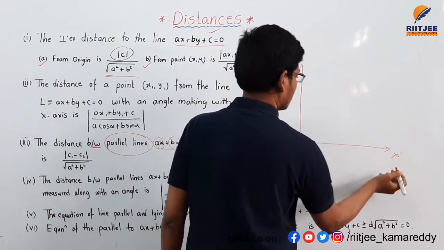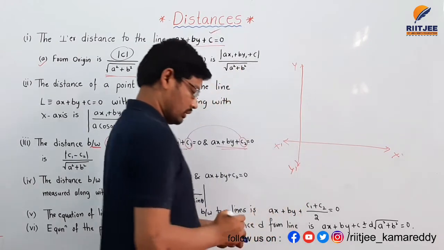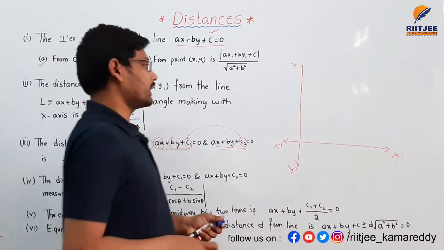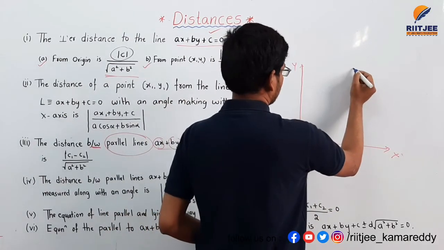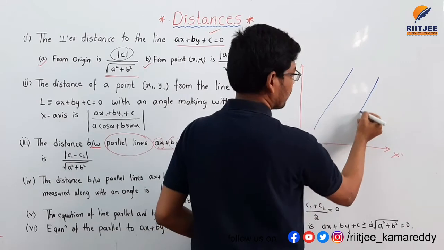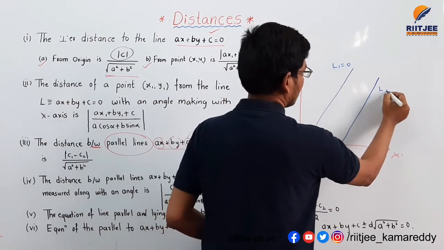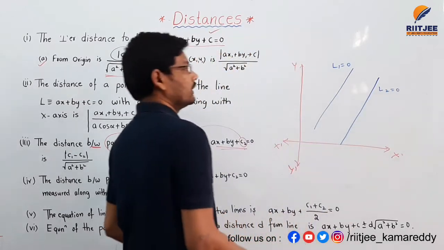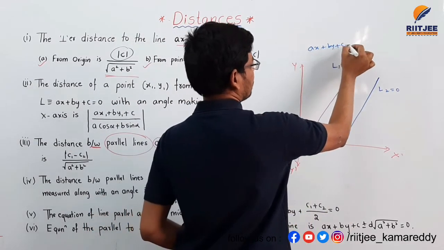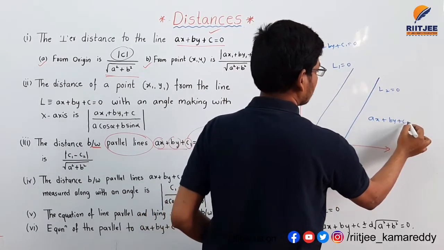So this is x dash, y dash. This is the coordinate axis, and I am taking two parallel lines here. This is one more line. This is L1 equals 0 and this is L2 equals 0, and ax plus by plus c1 equals 0, and this one is ax plus by plus c2 equals 0.